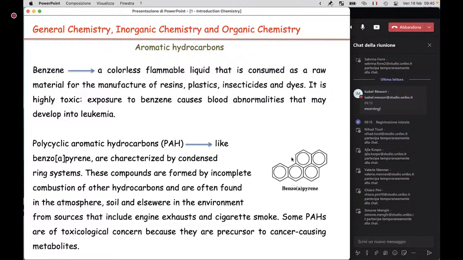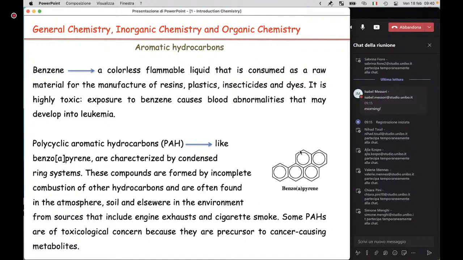they are characterized by this kind of structure. It is called fused or condensed rings because, as you can see here, two or more rings share a side. So two or more carbons, not just one carbon, but two or more carbons.